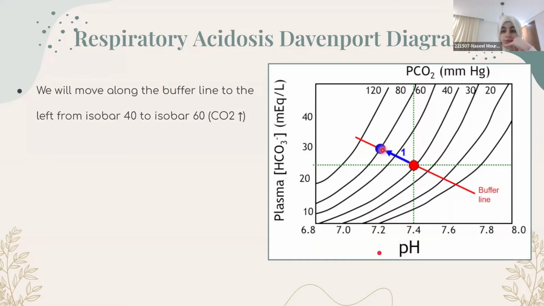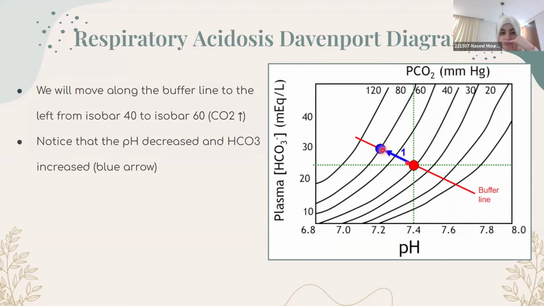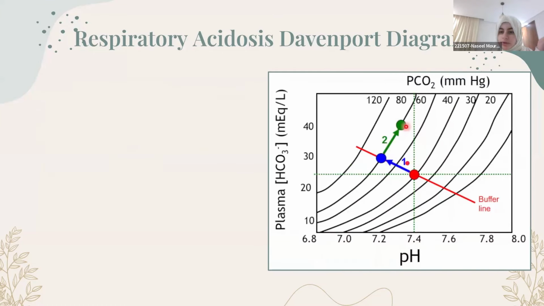All right, so keep in mind that in this case, we moved from isobar 40 to isobar 60 or 80. Okay, point is that I increased my carbon dioxide. Okay, and in that case, this circle goes along the buffer line. All right, now this green arrow is the compensation. How can we compensate? We're going to go along the same isobar, so we're still at CO2 of 60.